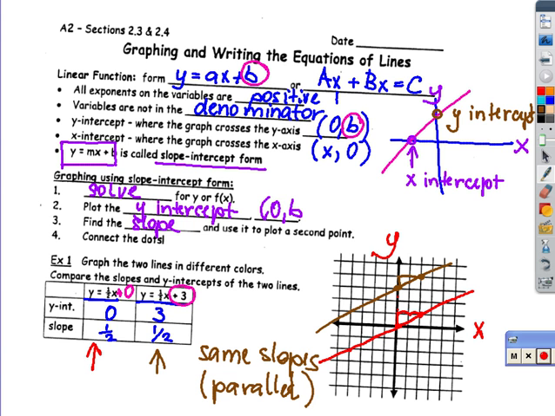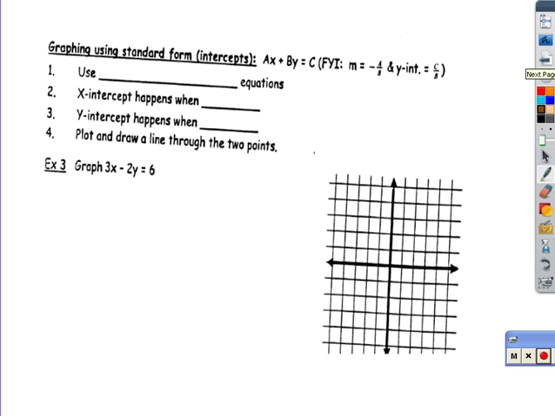Let us go to the next page. Now, this is going to be graphing using standard form, which is ax + by = c. This is information, again, just a reminder, that m from these coefficients, from this form, this is how we calculate it.